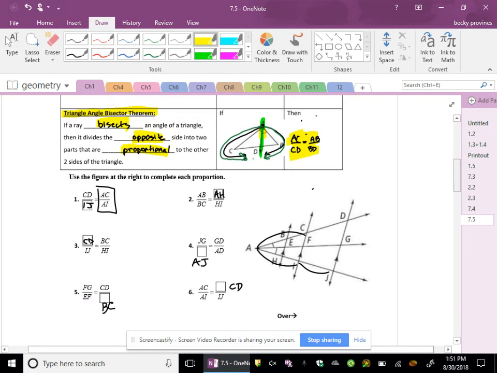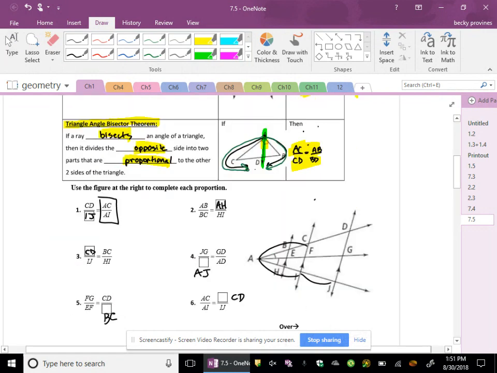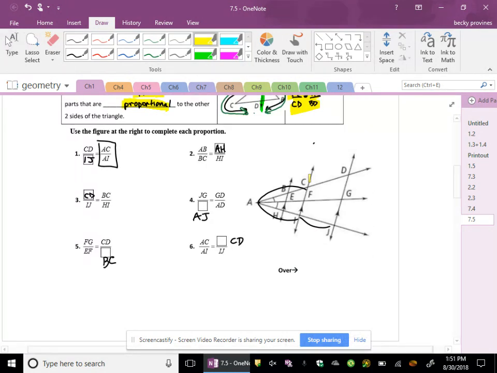Okay, again, we know the answers, they're written in, but let me explain them to you. It's really an easy process for this part. This is using the second thing here, the corollary to the side splitter theorem. If I give you AD and AC and AI, you're just going to tell me what piece is missing.